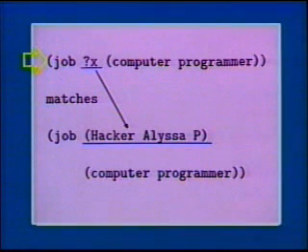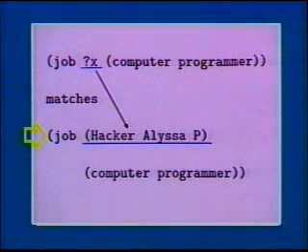Or find every fact in the database that matches job of X is computer programmer, and you see a little syntax here. Things without question marks are meant to be literal. Question mark X means that's a variable, and this thing will match, for example, the fact that Alyssa P. Hacker is a computer programmer, where X is Alyssa P. Hacker.